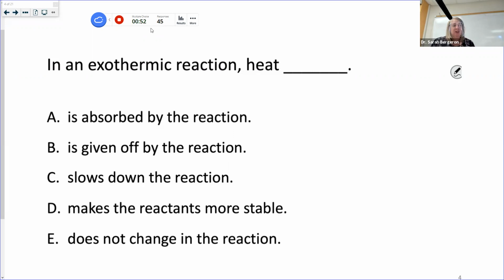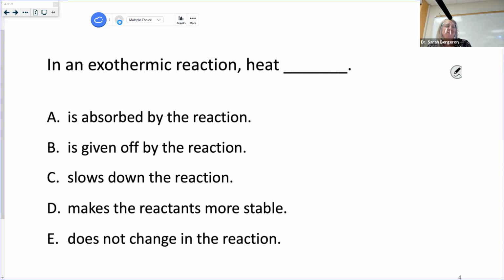Ten seconds. Okay, turn and talk to the people around you. 30 seconds and you can buzz in again. Okay, 10 seconds. Make sure you've buzzed in again. I say buzz in, click in, whatever it is.